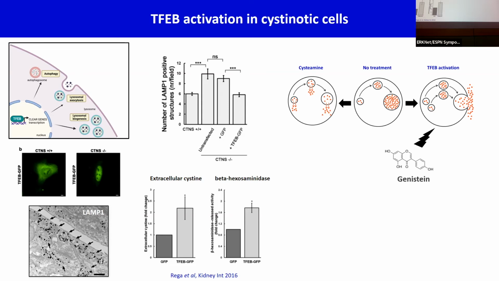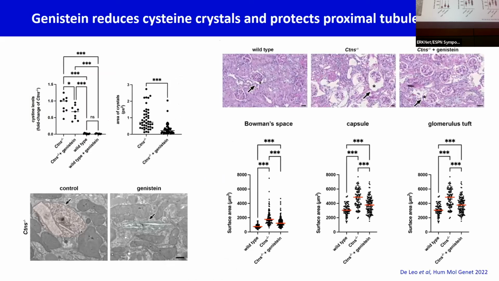And there are a few molecules that can stimulate TFEB. One of these is genistein, which is a flavonoid, which is very enriched in soy. But here we use it at pharmacological doses. So we treated CTNS knockout mice with genistein for 1 year. And what you could see in these mice is that these huge crystals were very much decreased.